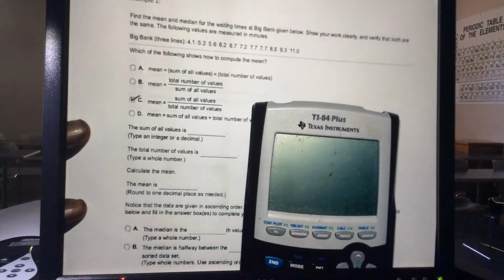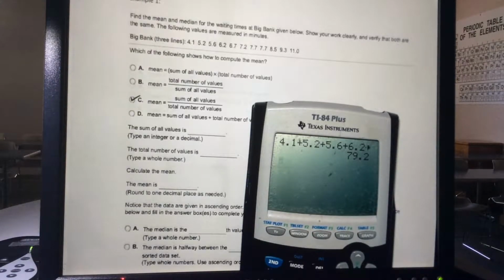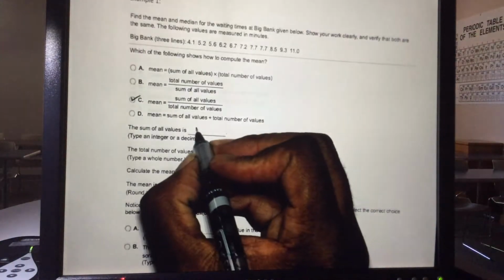So here, if I add 4.1 to 5.2 to 5.6 plus 6.2 plus 6.7 plus 7.2 plus 7.7 plus another 7.7 plus 8.5 plus 9.3 plus 11.0, you'll end up with 79.2. So here the sum of all the values is 79.2.